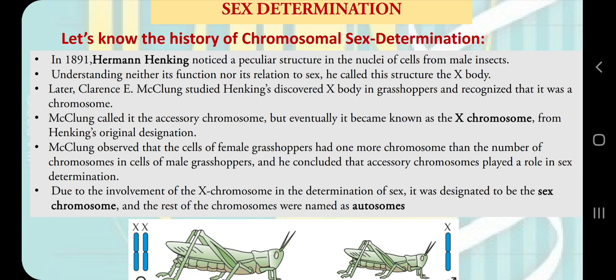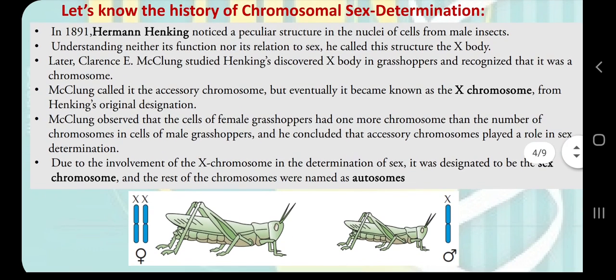Later, Clarence McClung studied Henking's discovered X body in grasshoppers and recognized that it was a chromosome, and he called it the accessory chromosome. But eventually, because Henking discovered it first, it was named the X chromosome.